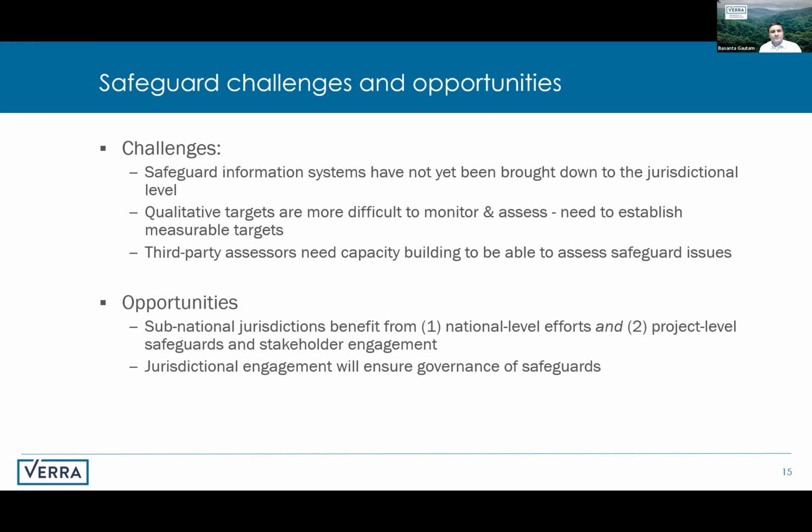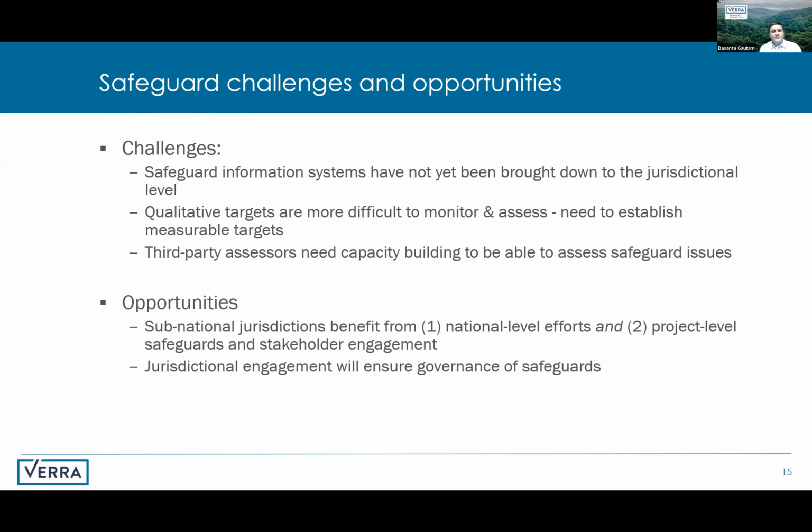So this is challenging, and we need to train people. And also, because this is so far a national approach, in the case of JNR we need to bring this to the jurisdictional level. So there are some challenges, but we need to do some more work on that.